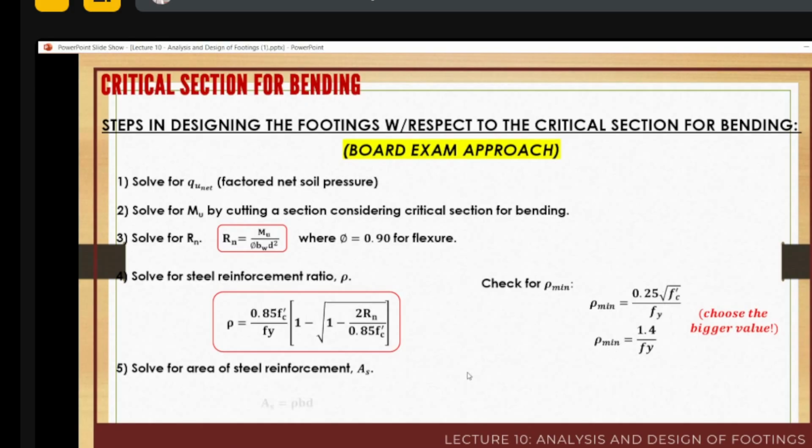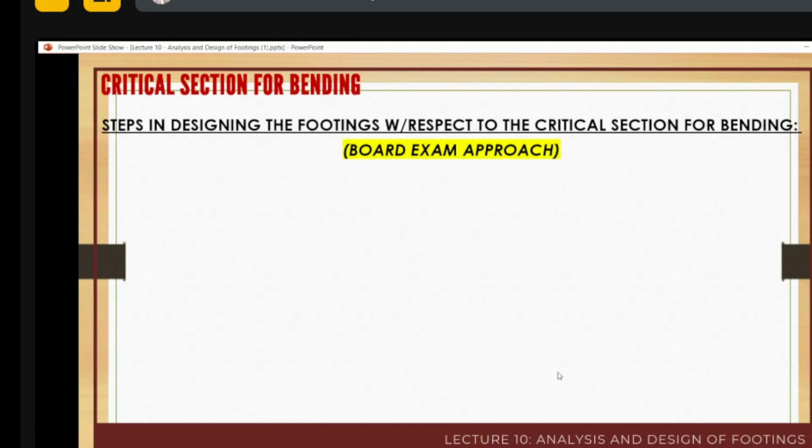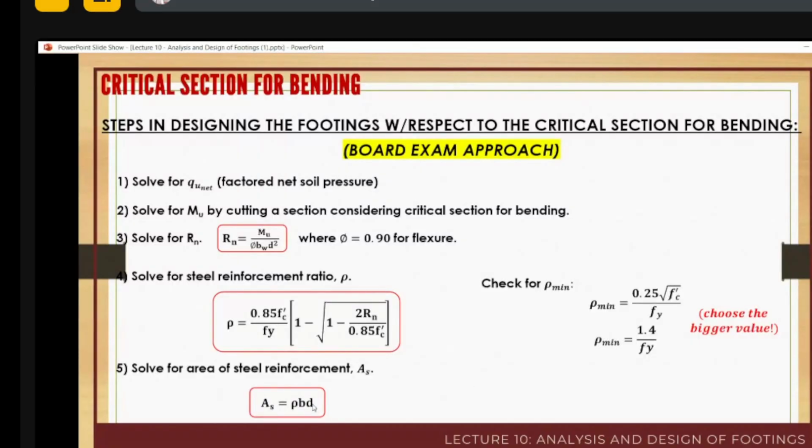Of course, it should also not be greater than rho max. To solve for the area of steel bars, it is just rho bd, where the rho is computed based on this formula and should not be below rho minimum.